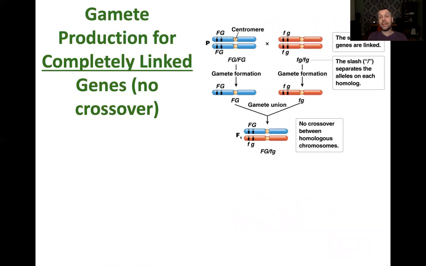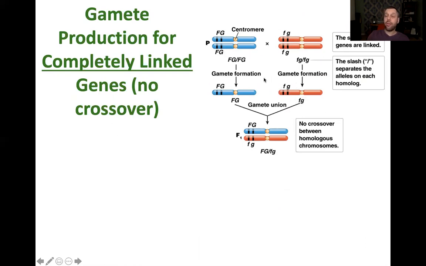Now, if two genes are completely linked, in other words, they're super close together on one chromosome, like these genes F and G, let's look at what happens in this case. Here we have a parent that is two big Fs and two big Gs, which can only make one kind of gamete, big F, big G. Here we have a parent that is little f, little g, which can only make one kind of gamete.